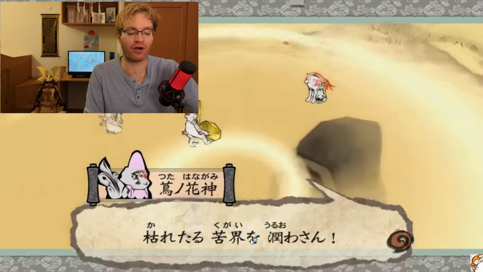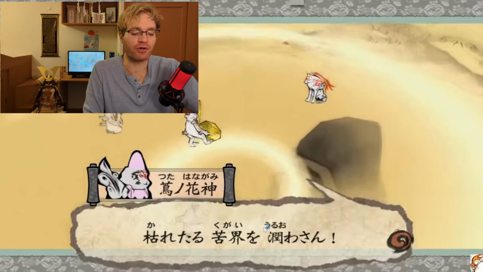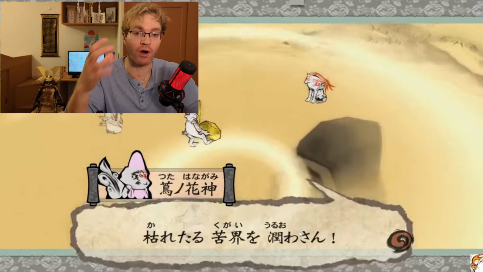So karetaru kugai o. Again, there's that object o. So the withering world of suffering is receiving the action, which is uruowasam. Okay, it comes from the root verb uruowasu. Now, uruowasu is a transitive verb, meaning that one person does it to another thing, as opposed to an intransitive verb, where it just happens of its own accord. Uruowasu means to dampen, to moisten, or in this case, I think the best way to think about it is to water.